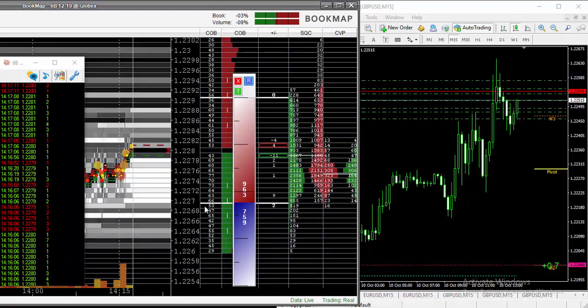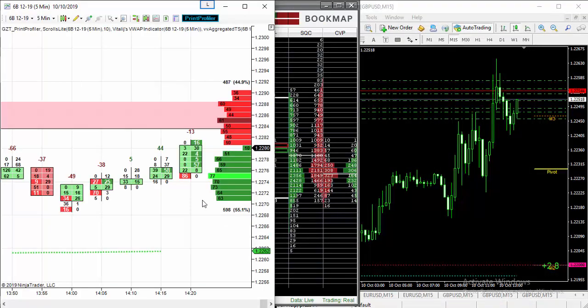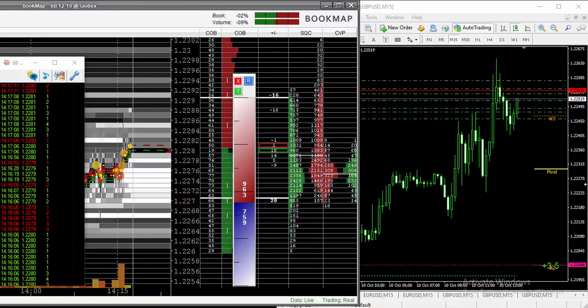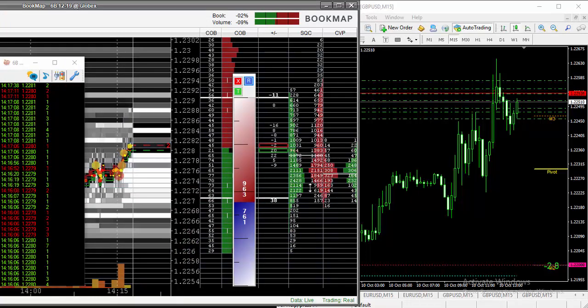Now you see the intention of the market is on the buying side rather than on the selling side, because you see the passive sellers. Now we can just get a percentage and see it's 55% for buyers, 43.6% for sellers. So now let's see how far this goes.